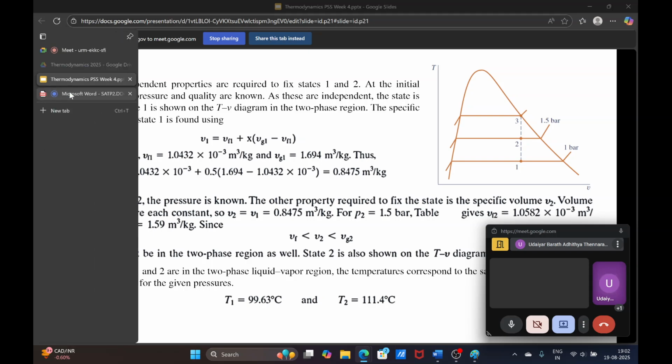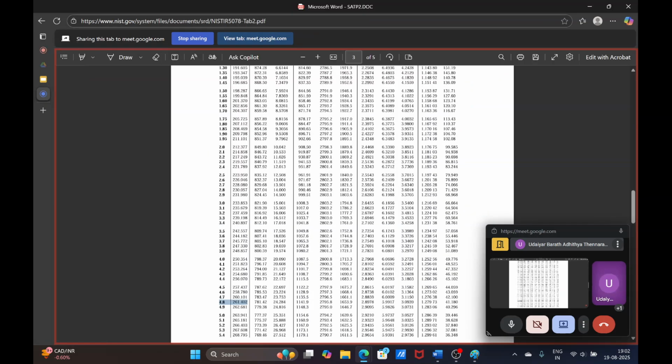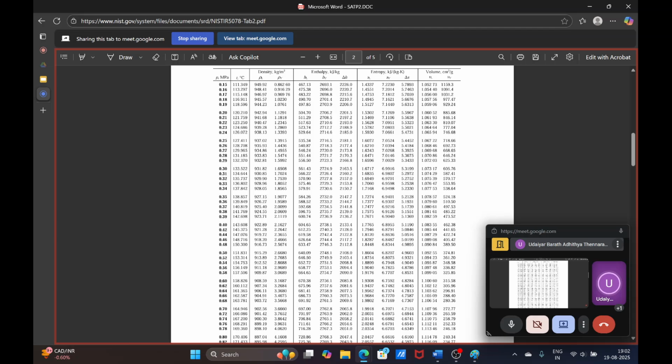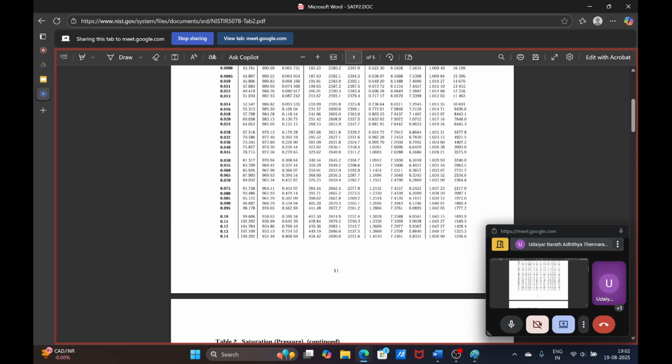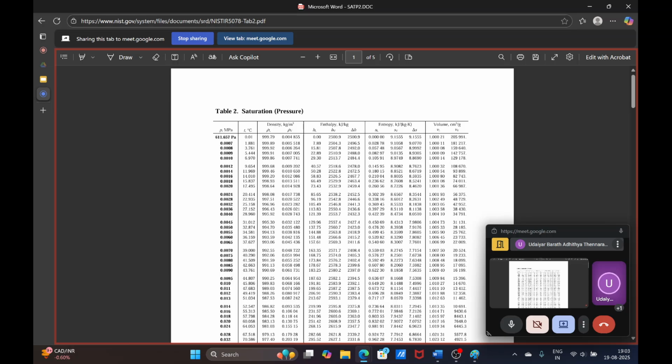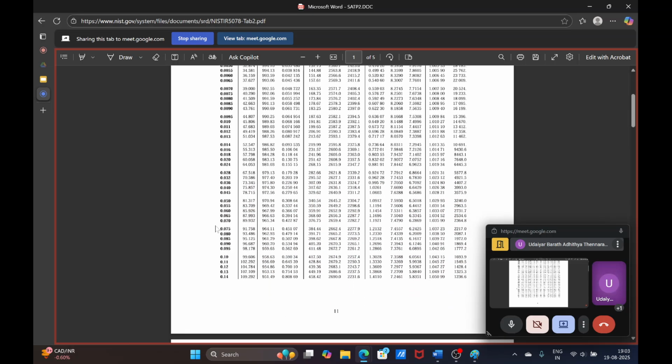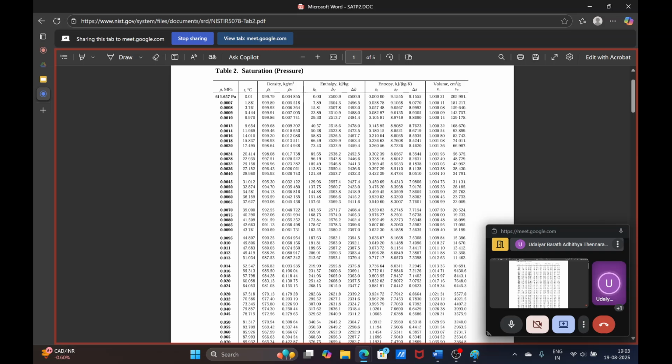Going back to the chart, 1 bar is 0.1 megapascal. Since we are looking at pressure 0.1, your saturation temperature is 99.6, that is your T1. We need volume, so we can go straight to the volume column.